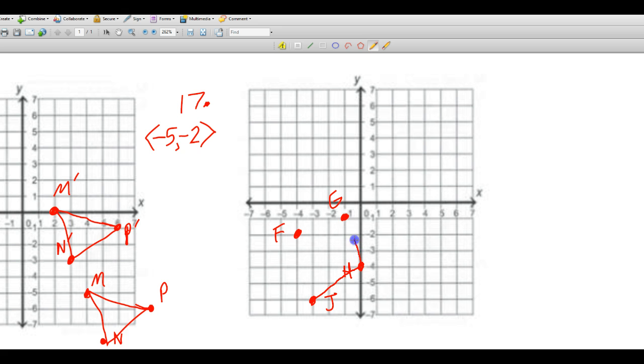So connect your vertices for your pre-image. And then from each vertex, based off of this vector, we want to shift to the left 5 and then down 2. So J prime would be right about there.